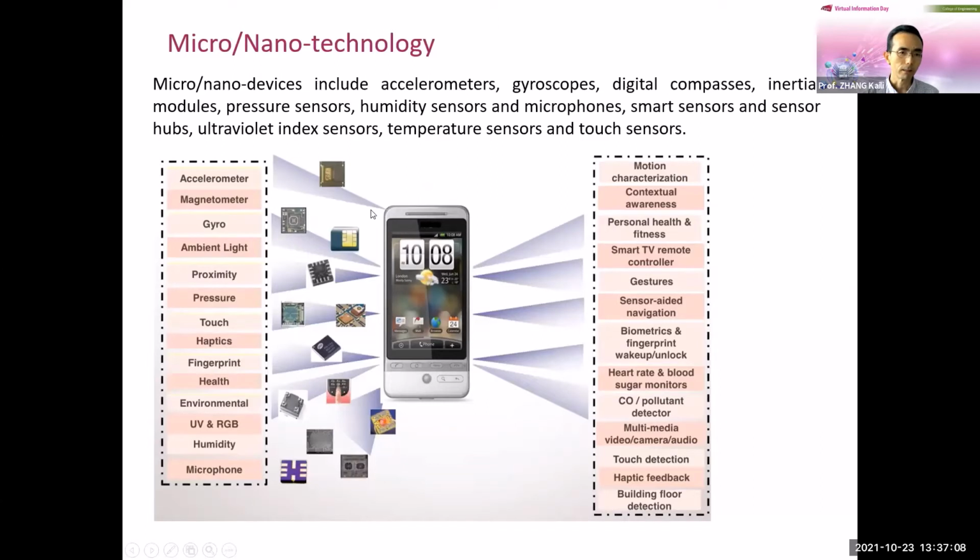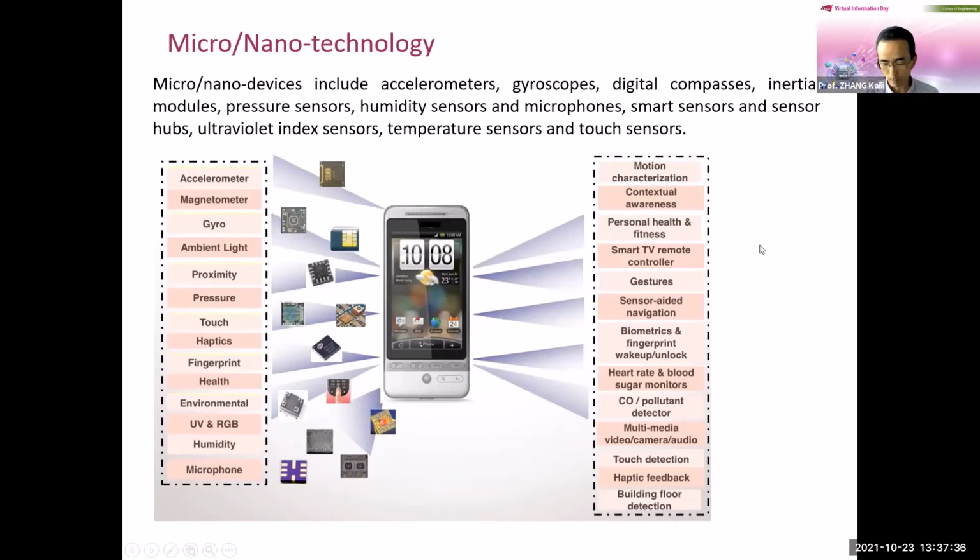Inside the cell phone, many components are made by micro and nano technology, for example, the pressure sensor or touch sensor. If we want to type some words using the screen, we are using the so-called touch sensor below the screen. The touch sensor, the pressure sensor, is fabricated by micro nano technology. So it's one of the typical commercial applications for micro and nano technology.